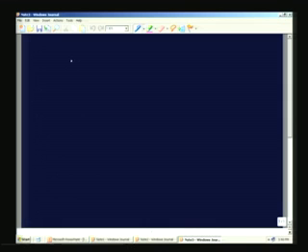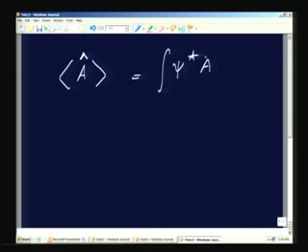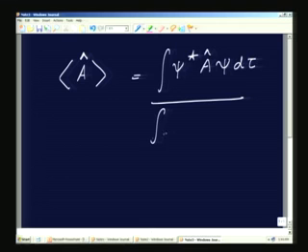The average value for any measurement of the quantity represented by A is given by the integral psi star A psi d tau by the integral psi star psi d tau.